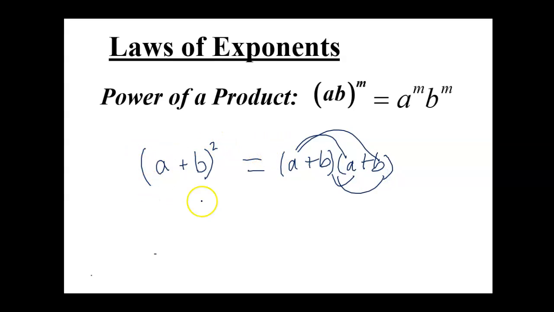On the test, this was missed a lot. If we saw ab squared, we just squared a and squared b. Notice this is different because these are multiplied together. If the things inside the parentheses are multiplied together, then everything in there can just be raised to the m power. If they're added together, we can't just square both terms. We actually have to write them side by side, and distribute a to both and then b to both. So just notice the difference there.